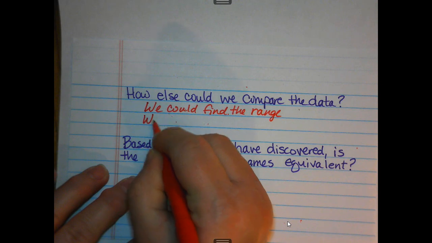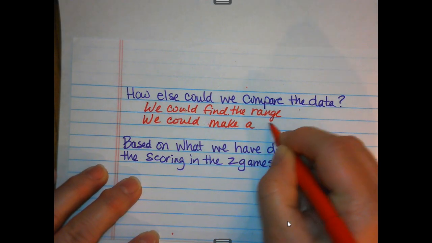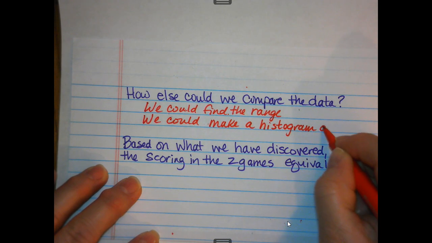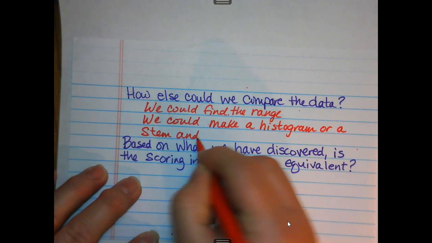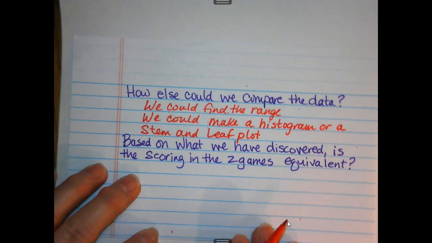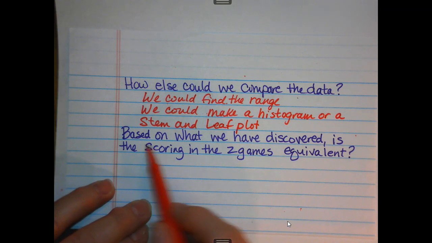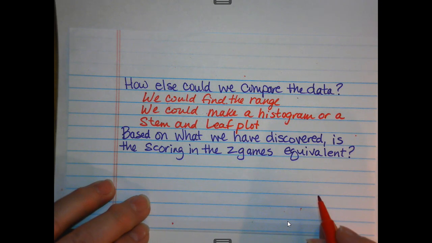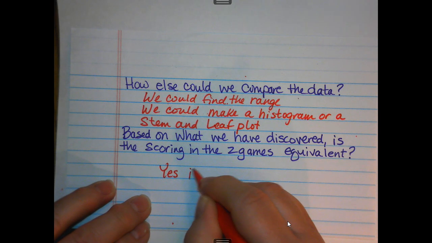We could make a histogram or a stem and leaf plot, like we did yesterday? And our last question, based on what we've discovered, is the scoring in the two games equivalent? And we would have to say, yes, it is.